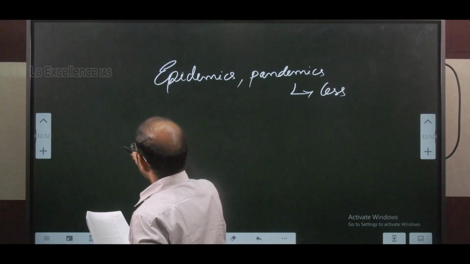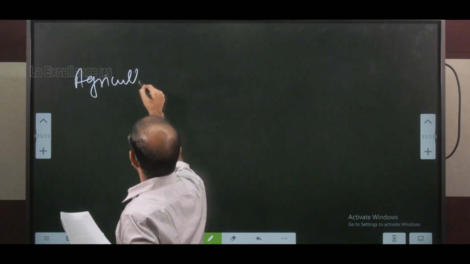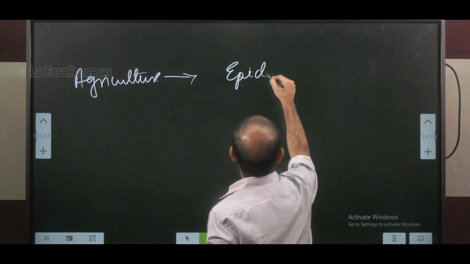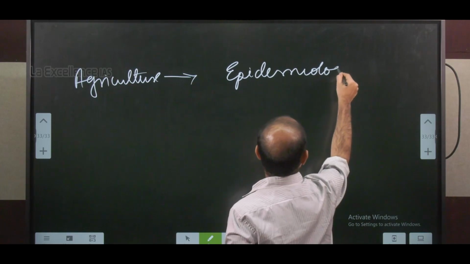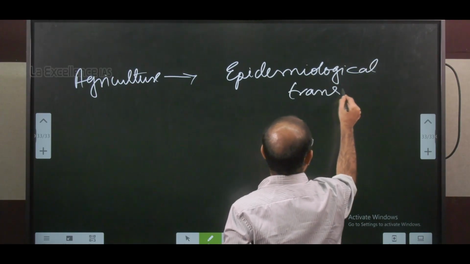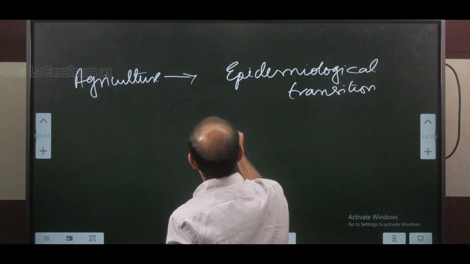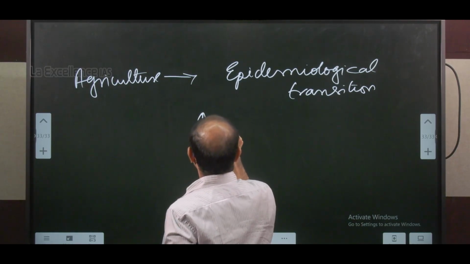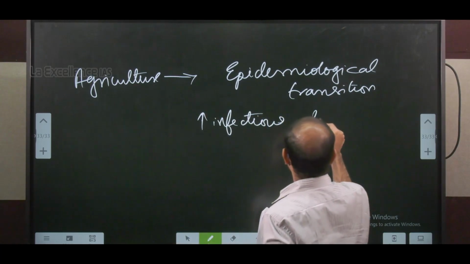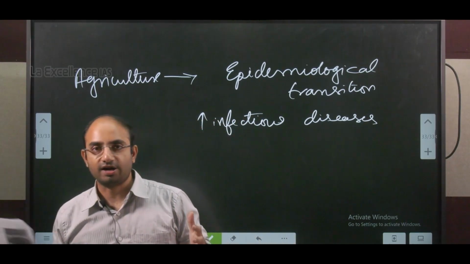And then discuss, once we shifted to agriculture, what happens? We went through something called an epidemiological transition. Because of this epidemiological transition, on the one hand, infectious diseases initially increased, because when you are living in an agricultural kind of life, you are living in large numbers.